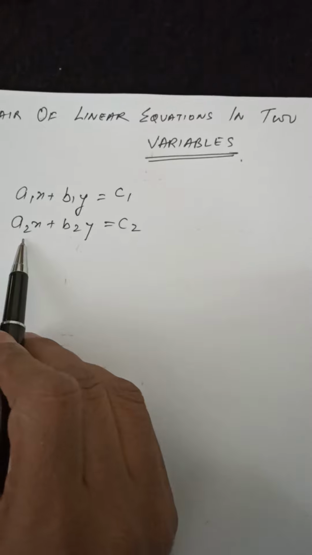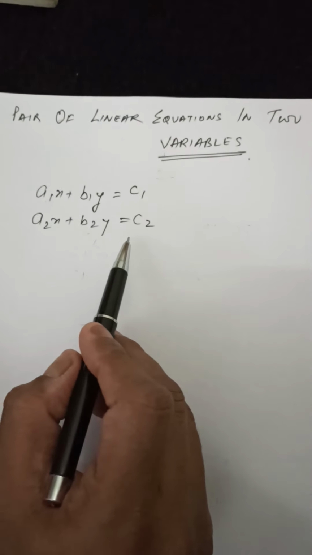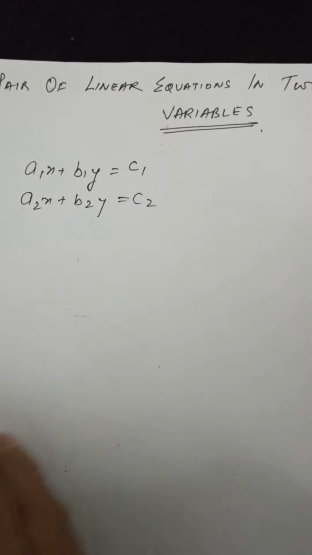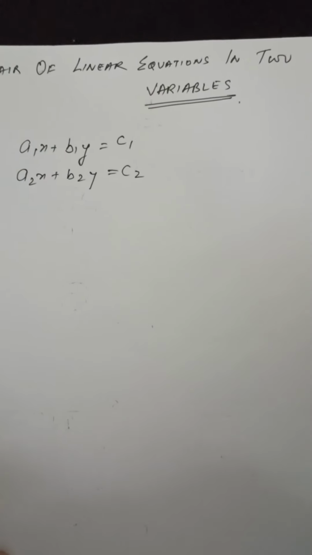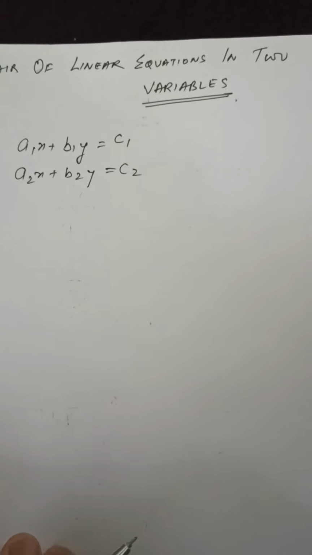The second one has got coefficients a2, b2 and c2. Now we would like to discuss when these equations are consistent or when they are inconsistent.